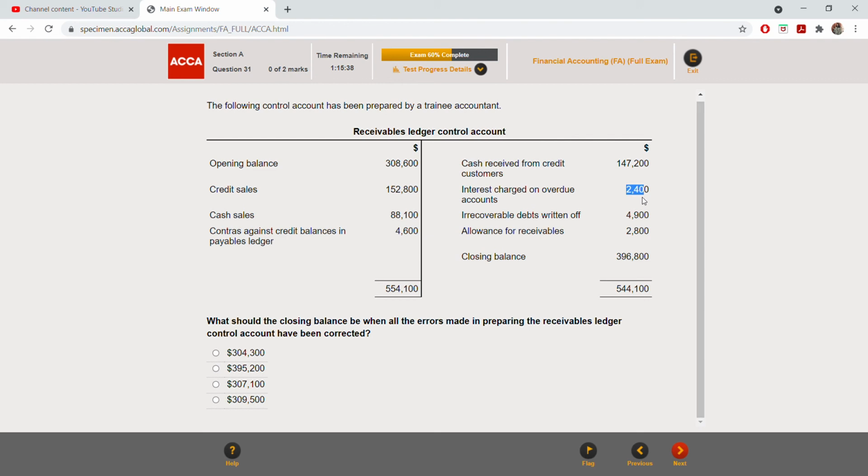Interest charged on overdue accounts, 2,400, this comes on the debit side. Then irrecoverable debt is there, correct. Allowances also is not there. So then your closing balance will be 307,100. Some things are on the wrong side, some things should not be there.